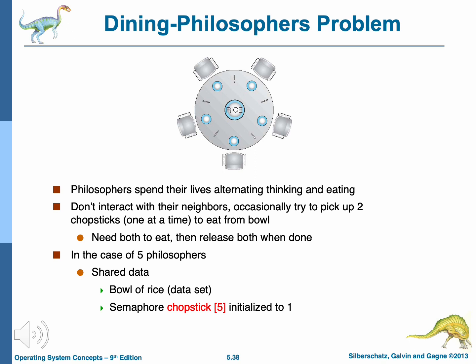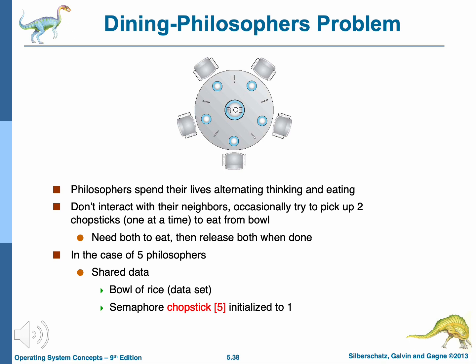The dining philosophers problem. Consider 5 philosophers who spend their lives thinking and eating. The philosophers share a circular table surrounded by 5 chairs, each belonging to one philosopher. In the center of the table is a bowl of rice, and the table is laid with 5 single chopsticks.